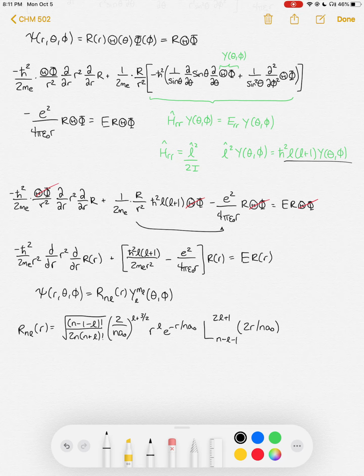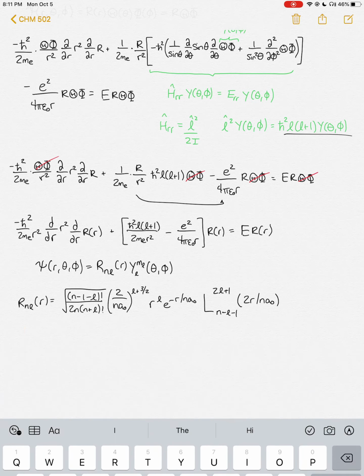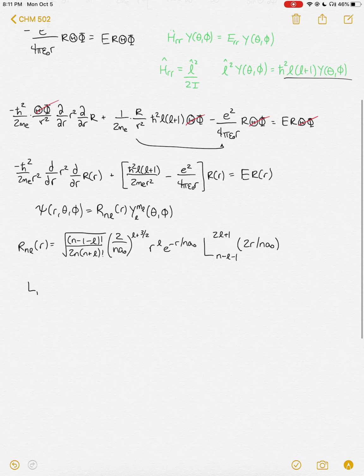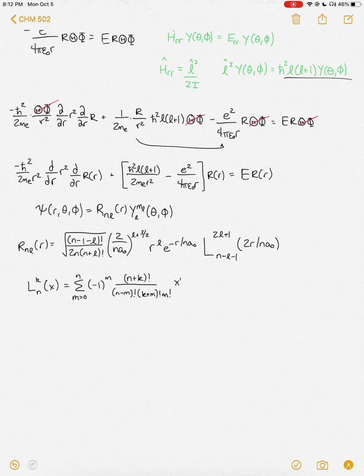So this L and these two indices here is just another type of polynomial. So I'm going to write that down here. So this polynomial, we can write it here as L_n^k of x is equal to the sum from m goes to 0 to n of minus 1 raised to the m, and then over (n plus k) factorial times (n minus m) factorial times (k plus m) factorial times m factorial, and then this is multiplied by x to the m.